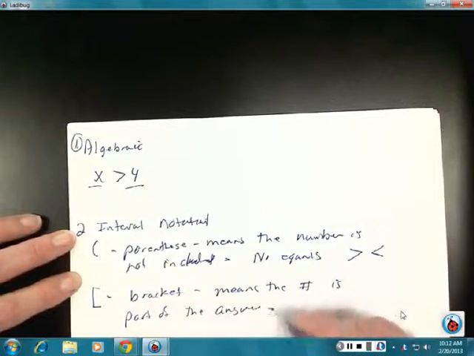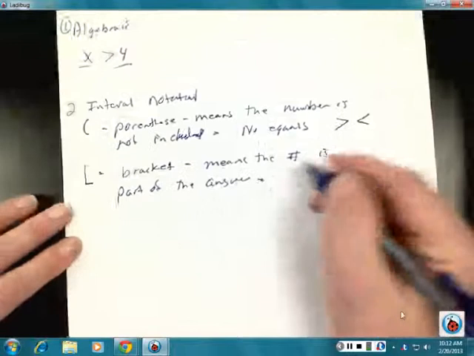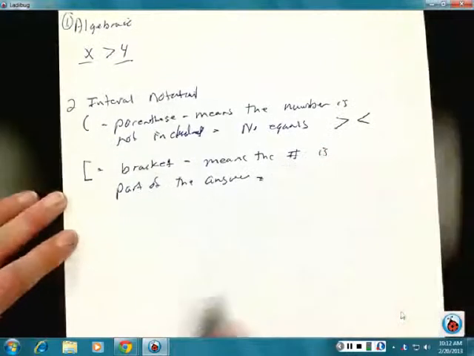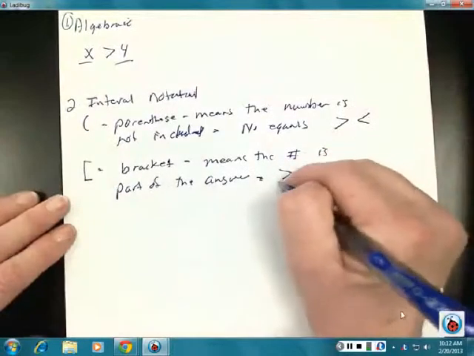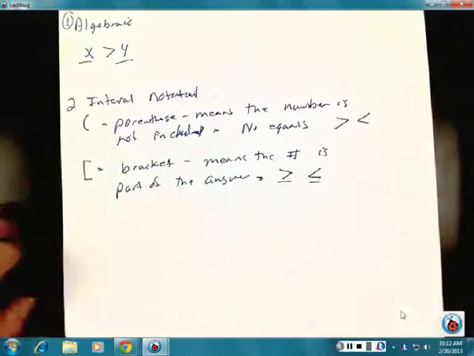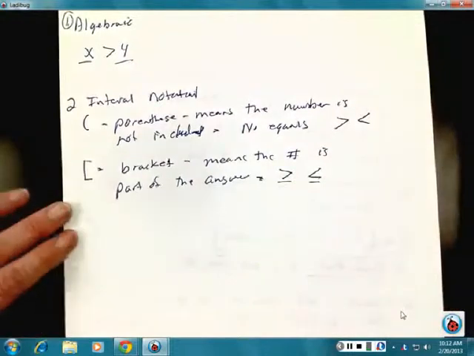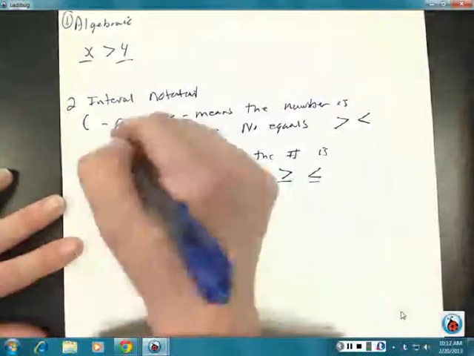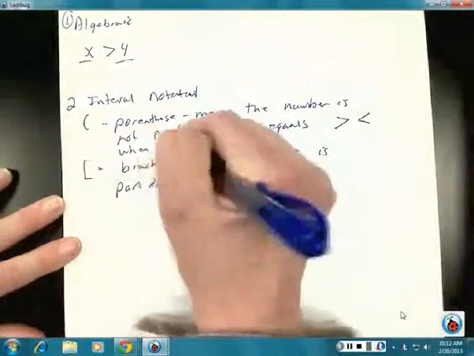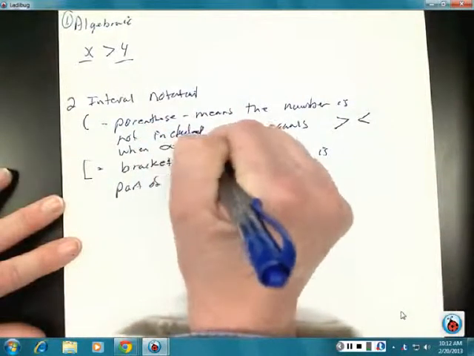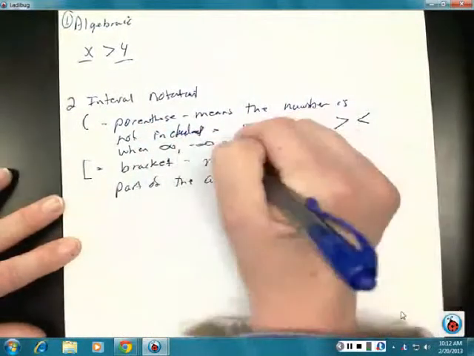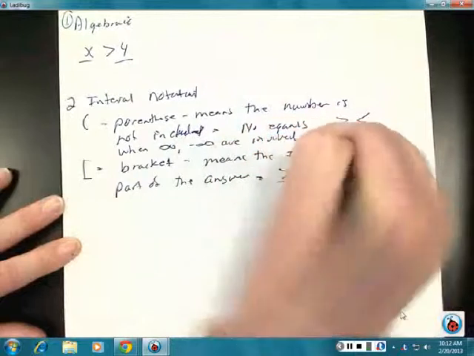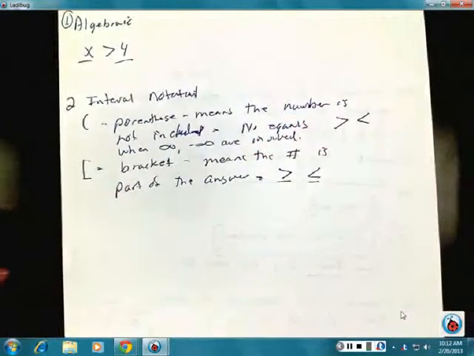You only use brackets when you have a greater than or equal to, or a less than or equal to, because that means it's going to be included with your information. Okay? The other spot you always use parentheses is when infinity or negative infinity are involved. So you're going to use parentheses at that point for your interval notation.